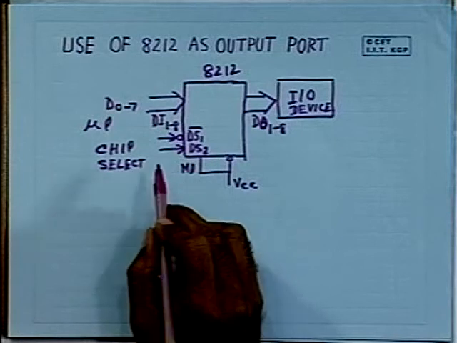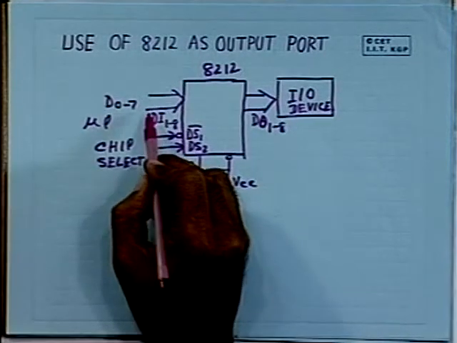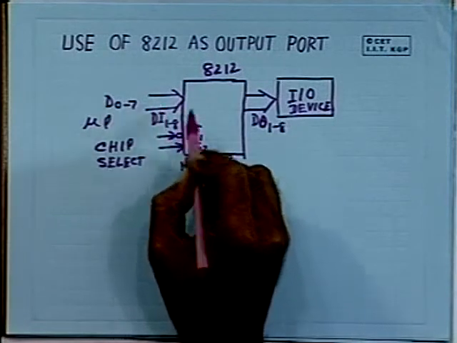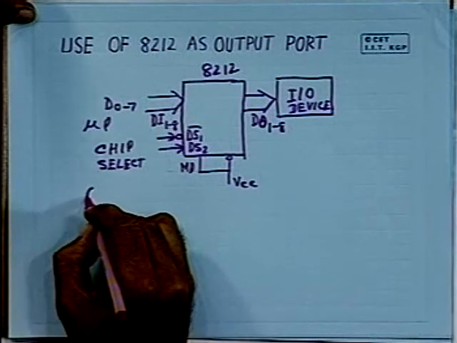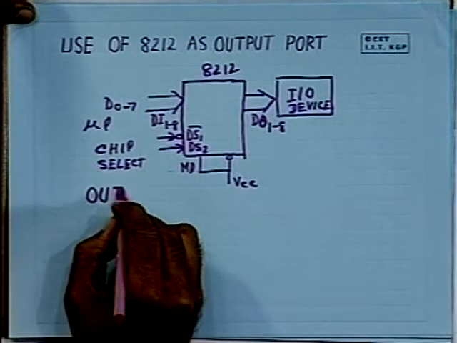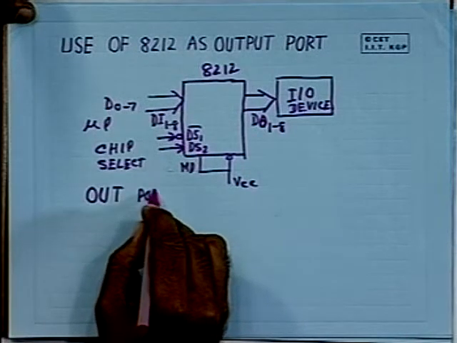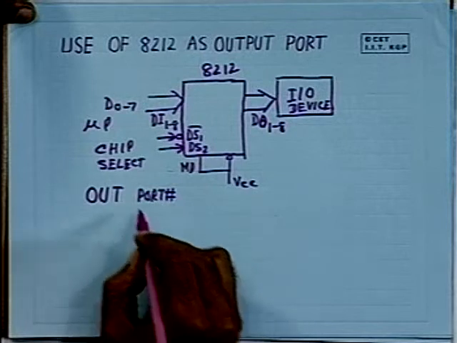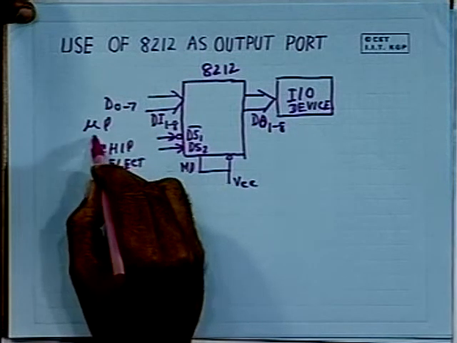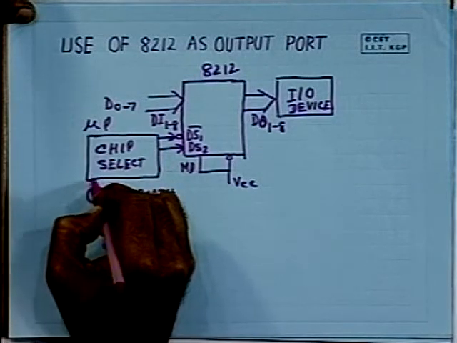Now let us see how it can work as an output port. The data that has to be transferred to this port has to be transferred by executing an out instruction, and obviously you have to give the port number. Port address has to be provided here, and that port address is decided by a proper decoder circuit which is connected to the chip select.